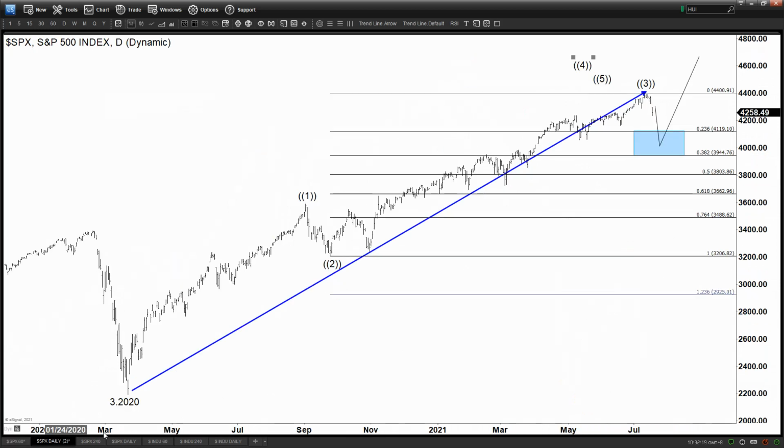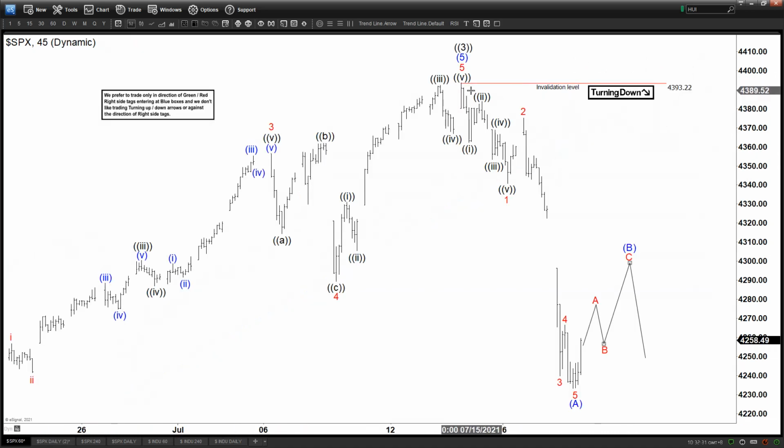Now, what will be the indication that this is actually 1, 2, 3, 4, 5 like this instead of 3 ending here? One of the possible indications is if the sell-off turns out to be more pronounced, so it's not going to be ABC, it's going to be 1, 2, 3, 4, 5.